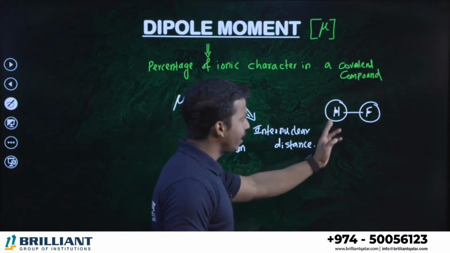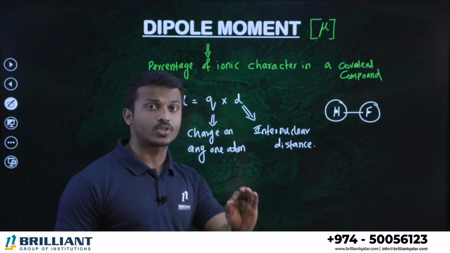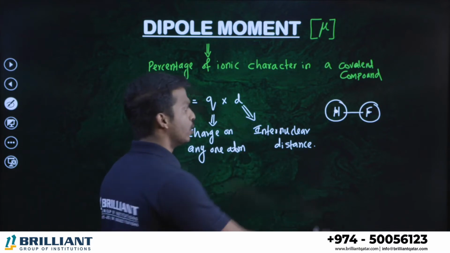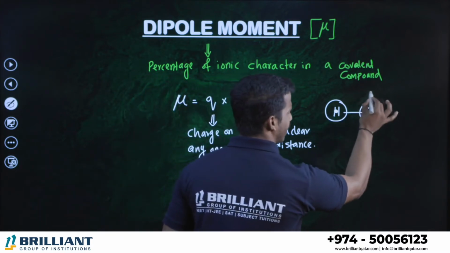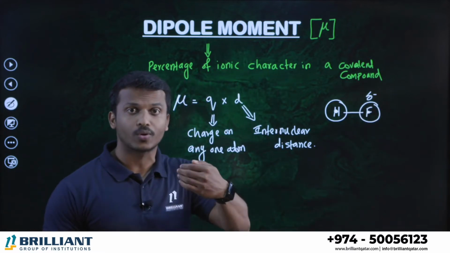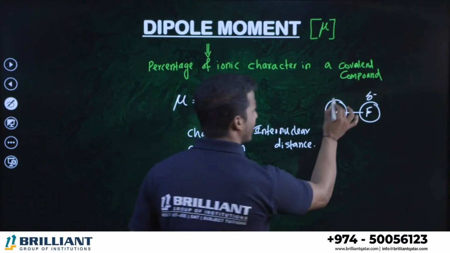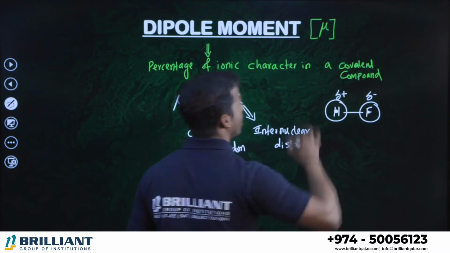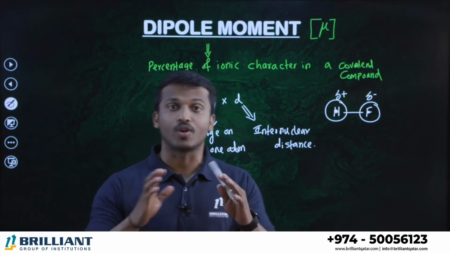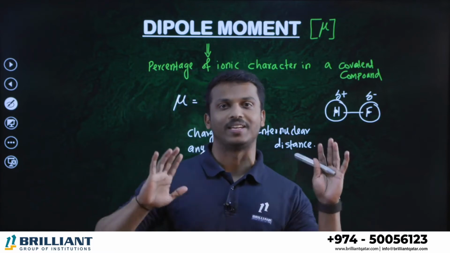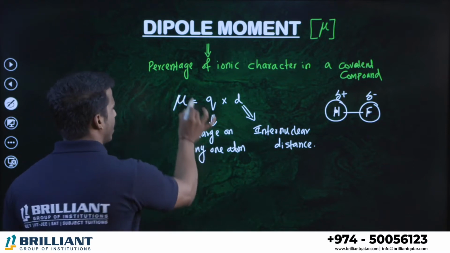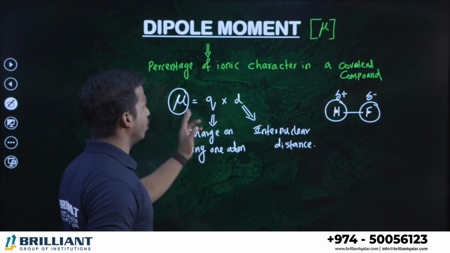Fluorine is the most electronegative element, so fluorine tries to get a partial negative, delta negative charge. Whereas hydrogen carries a partial positive charge, correct? So why does this charge separation happen? Because of their difference in electronegativity. Clear, all of you? So this is called dipole moment. Dipole moment nu is equal to Q into D.